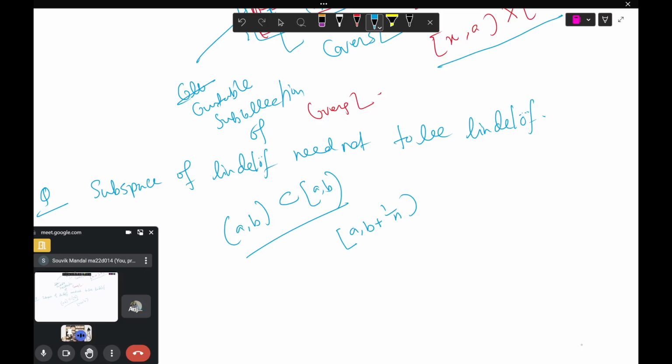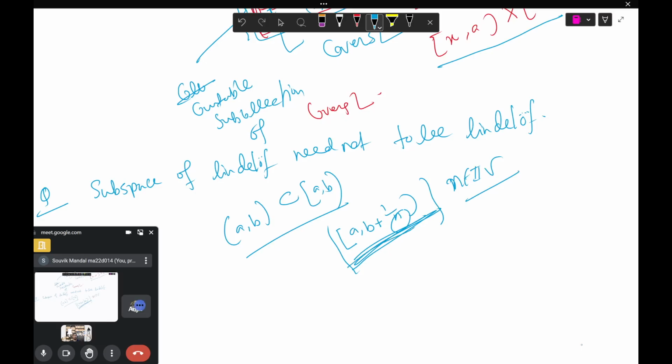Now you are claiming that this has no countable subcover, right? Yes, sir. Firstly, this is a countable cover, because the set of natural numbers is countable, right?